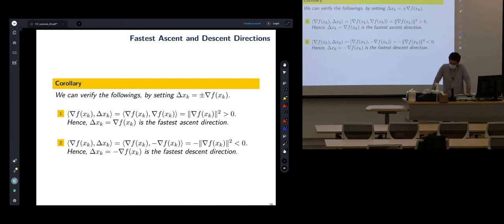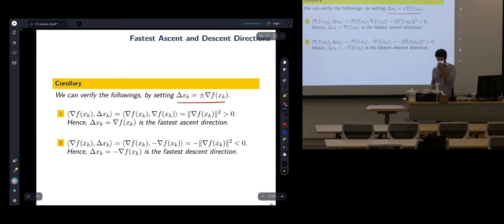That leads to a very important discovery: if I pick my delta x, instead of random, to be positive or negative of the gradient, given that I know these two directions are the directions of maximum growth and descent, I get the fastest ascent direction and the fastest descent direction.